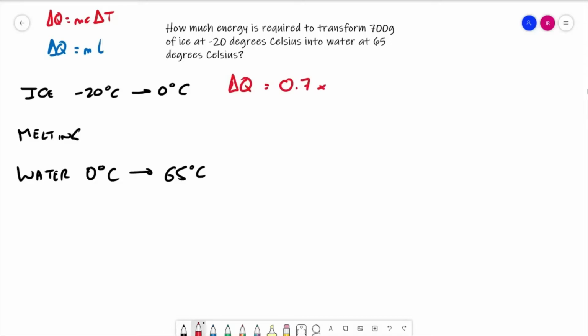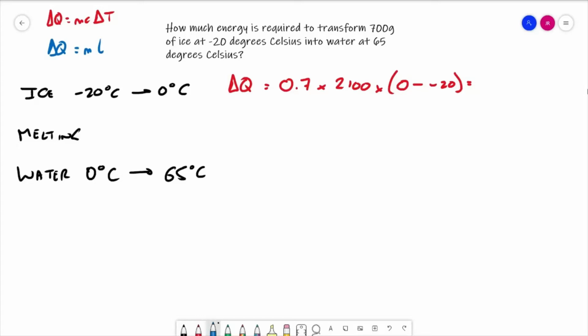The specific heat capacity there is 2,100, and then if we're going to do it properly, the change in temperature, well, final is 0, and we're going to subtract from that minus 20. Now obviously what that translates into is plus 20, but again I'm just showing you the correct way of doing it.